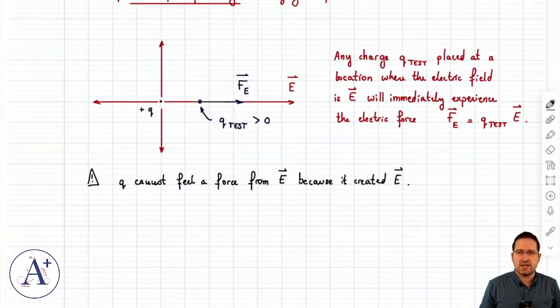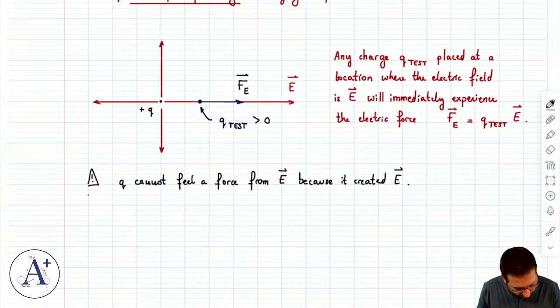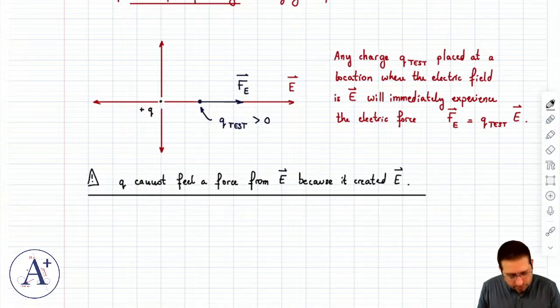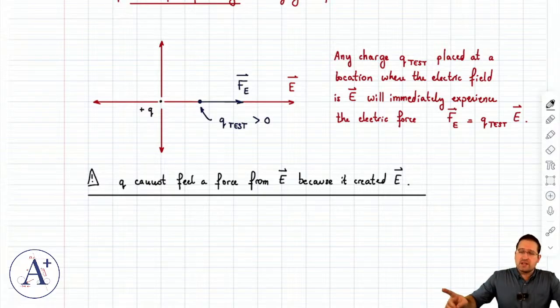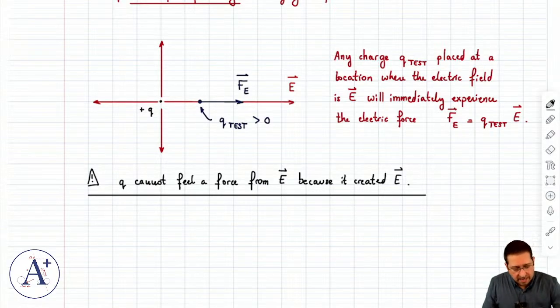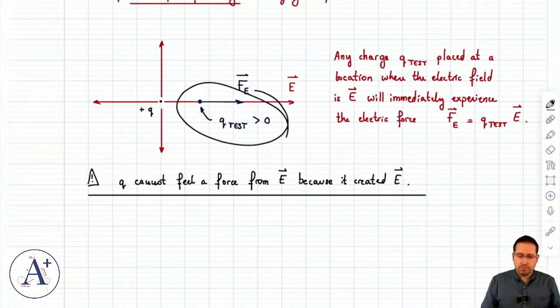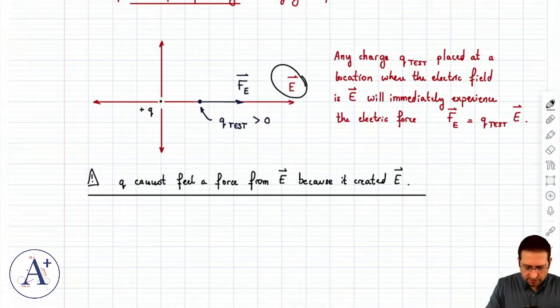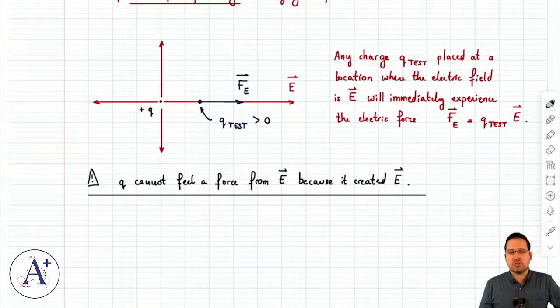Kind of not a perfect example or analogy, but the point is, and you will see that this, you will trip on this at least once. The charge that creates the electric field cannot then feel that electric field. There has to be another charge, Q test, that shows up and says, oh, wow, an electric field. Now I can experience the electric force.